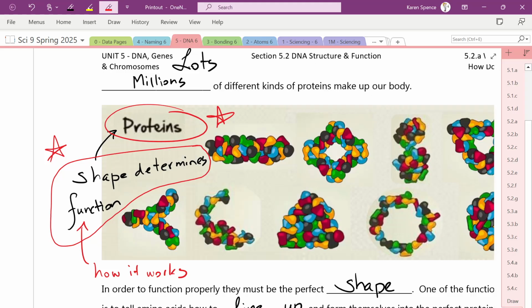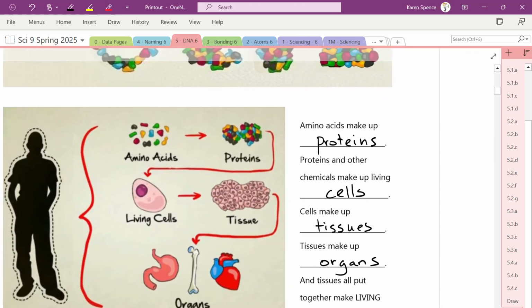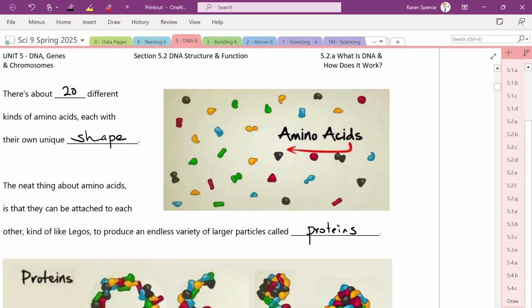Let's go back one page. We're not going to need you to know cells, tissues, organs, but what else should you know? You should know amino acids. And you should know that there are 20.